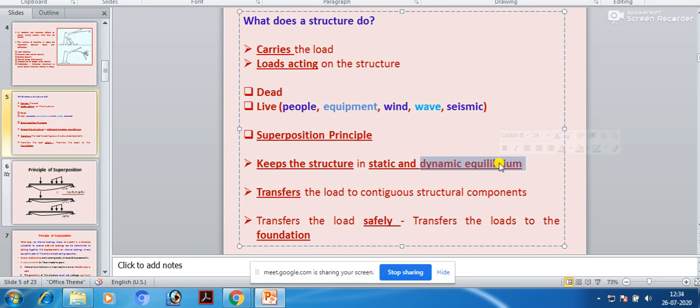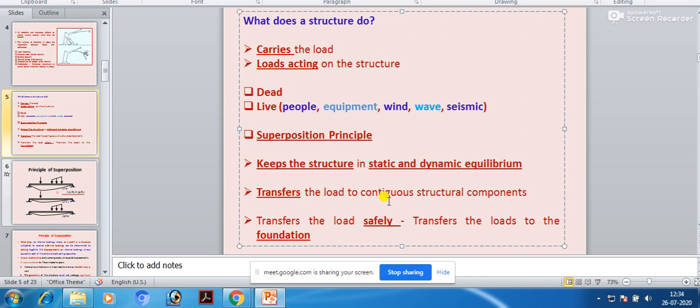Okay. Now the structure basically transfers the load to contiguous structural components. See, you are putting a beam and you are putting two supports. Let's think about a simple frame, with a beam and two columns.